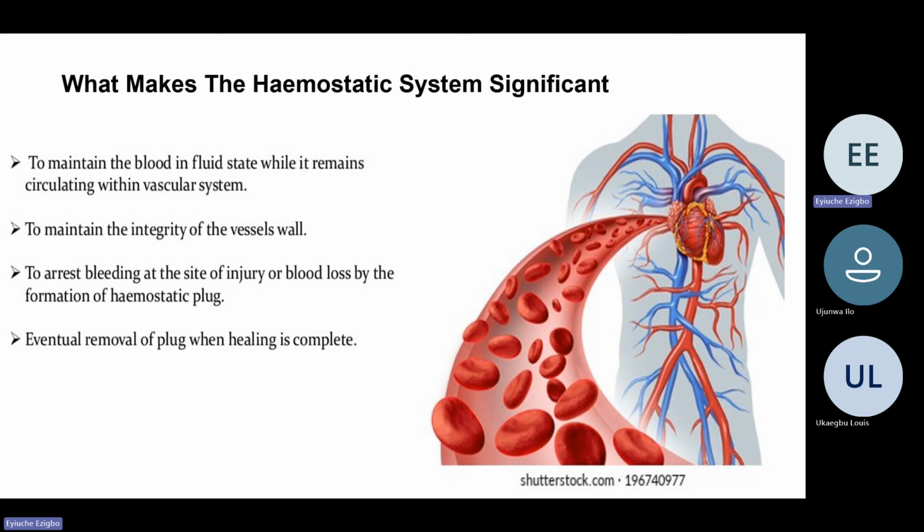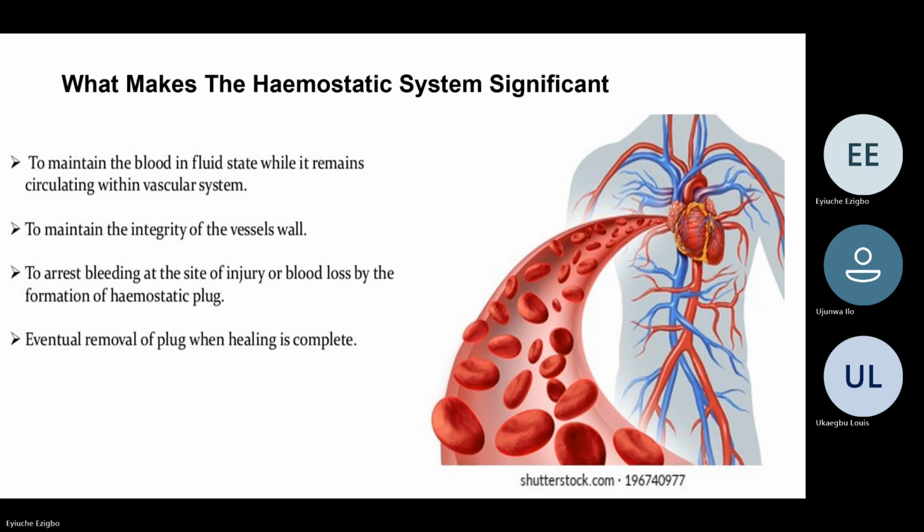Okay, the hemostasis system is also important to arrest bleeding at the site of injury or blood loss by the formation of a hemostatic plug. If there is a cut or an injury to the body and the blood vessels are damaged, it is also the responsibility of the hemostatic system to ensure that this bleeding stops. Okay? Then also the hemostatic system ensures the removal of the plug when healing is complete.